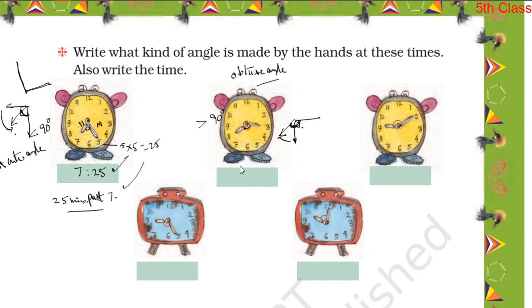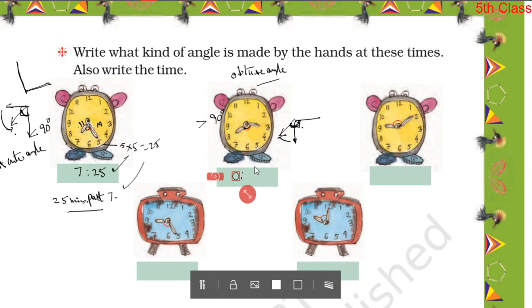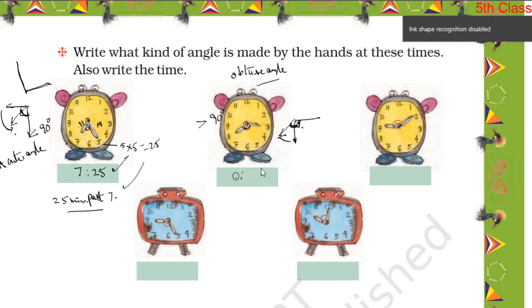Therefore the time is 8, and the minute hand is at 3. Therefore the time is 8:15. Why?